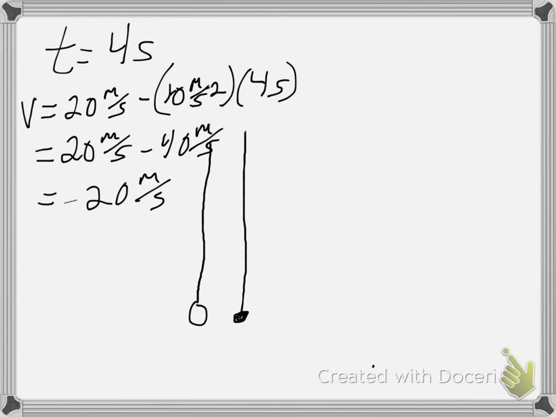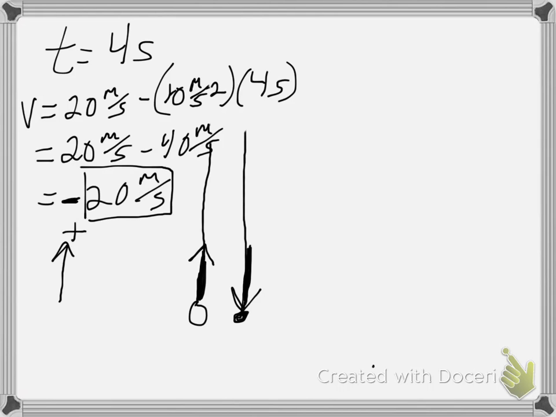Okay? And this is a very interesting thing. Now, this negative sign indicates the direction, right? So remember before we defined up as positive. Because this velocity is negative, that means it's pointing downward. But it has the exact same magnitude, the 20 meters per second, as you launched it with, right?